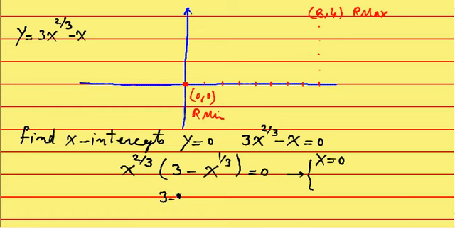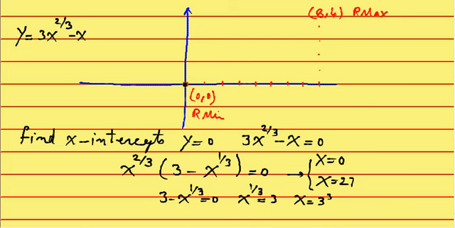If you have 3 minus x to the power of 1/3 equal to 0, that tells you x to the power of 1/3 is equal to 3. How do you get the x? You cube both sides, 3 cubed, so x becomes 27.